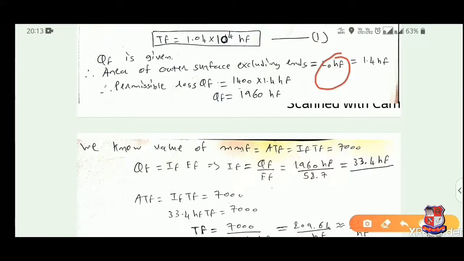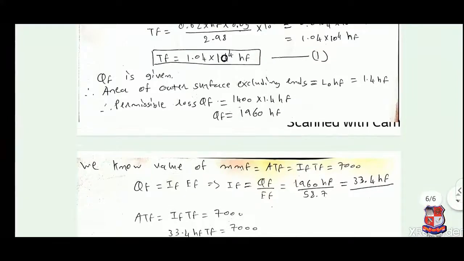So now the new permissible QF will be 1400 into 1.4 HF, because the QF given is the loss dissipated through the surface, but here we need to exclude the ends. So we are reducing the surface area.